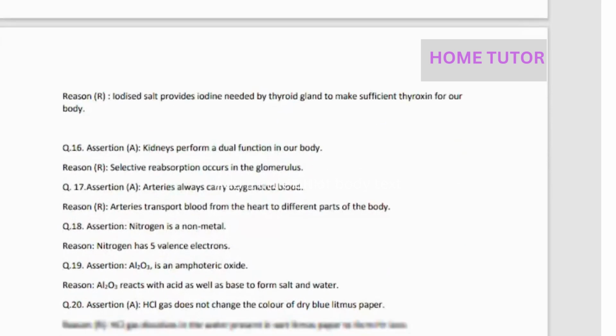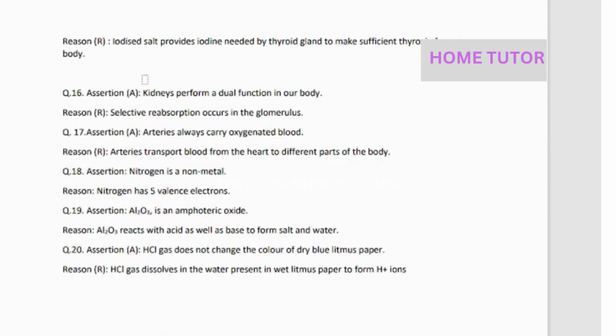Next question, question number 16. Assertion: Kidney performs a dual function in our body. As we all know, the kidney has various functions. It removes waste and extra fluid. It acts as a filter to remove waste. It controls blood pressure, it helps in red blood cell formation, and it controls dual function.